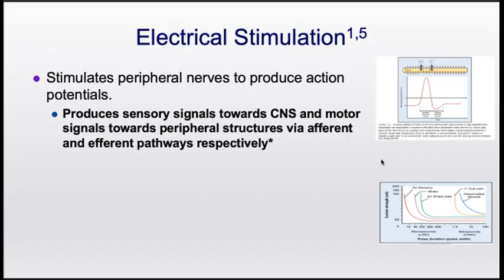So it activates the sensory nerves that go towards the central nervous system. It also can activate the motor nerves, or the efferent nerves, and it can send signal the opposite direction to the muscle, and it can stimulate a muscle twitch. So this is how you produce that sensory signal towards the central nervous system and motor signal towards the periphery.